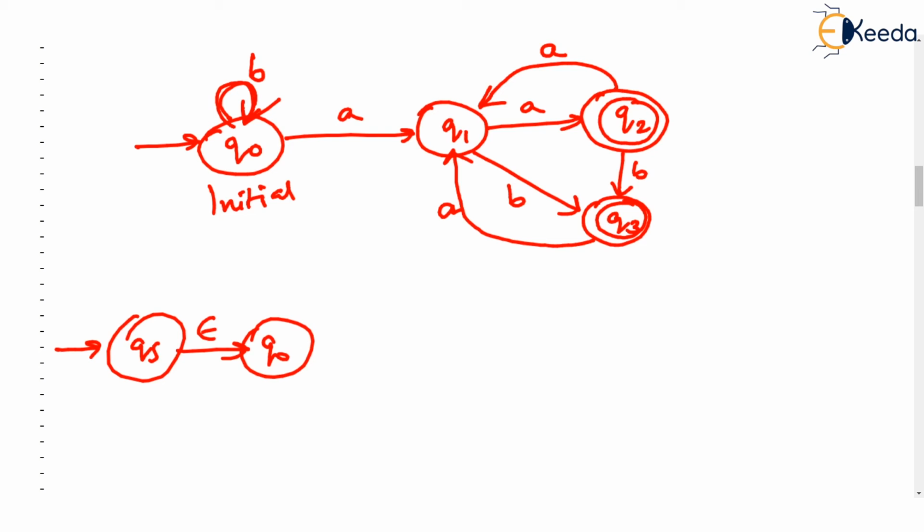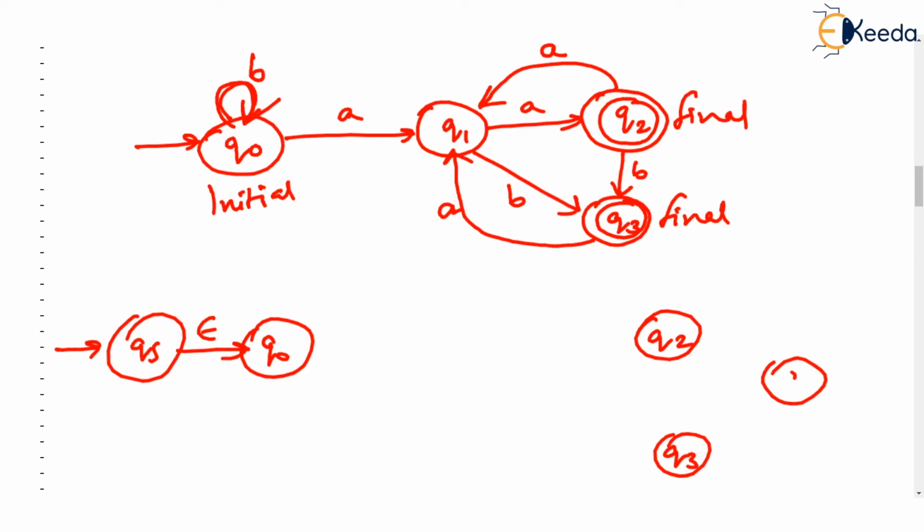Okay. Now watch that we have two final states here. We will make Q2 and Q3 non-final states, and we will put in one new final state called Q4, and from Q2 and Q3 we will add an epsilon transition.